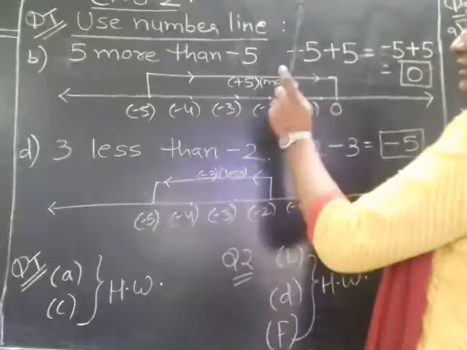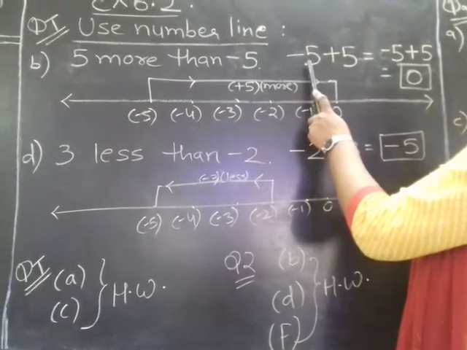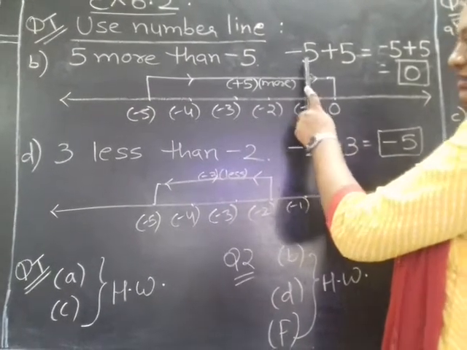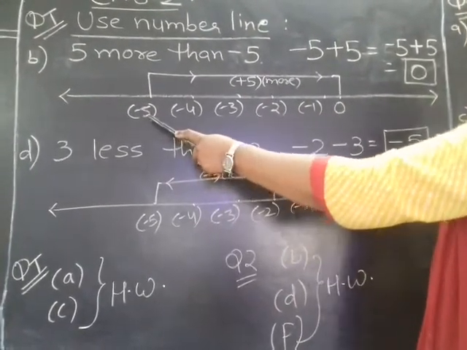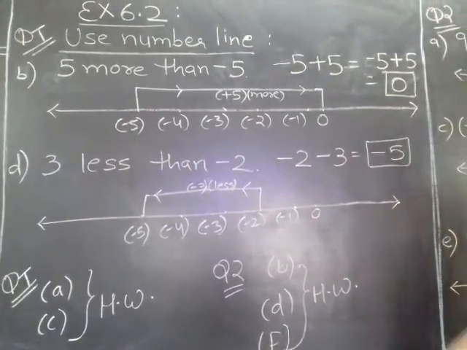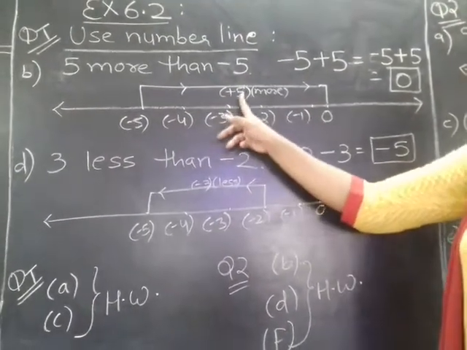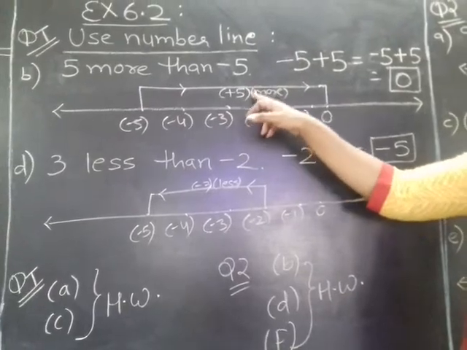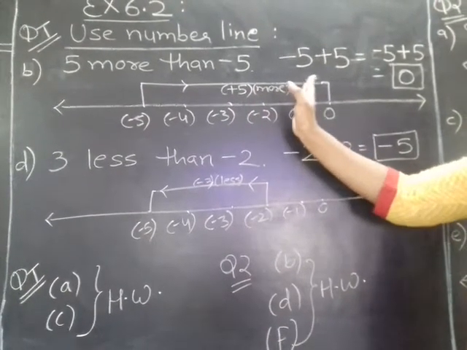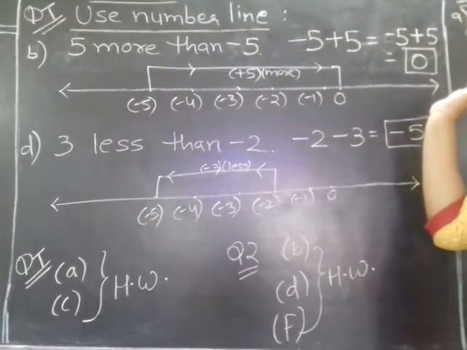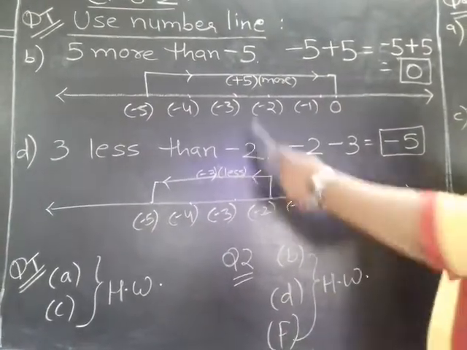Now, first here, which number had I written? Minus 5. Right? So you will start your number line from minus 5. And how many more do we have to add? Plus 5. Now children, please remember, whenever we have the word more, you will move towards the right side of the number line. So I am moving towards the right.